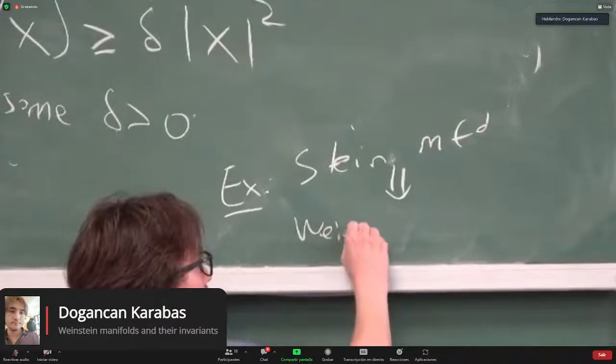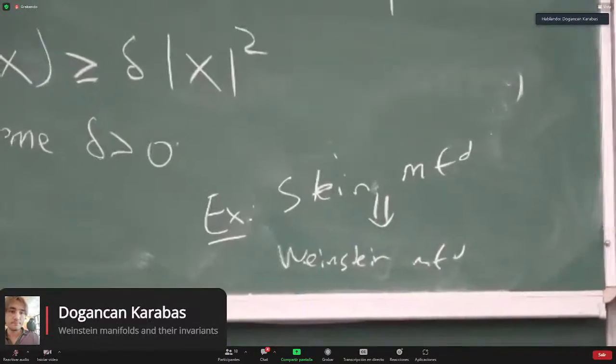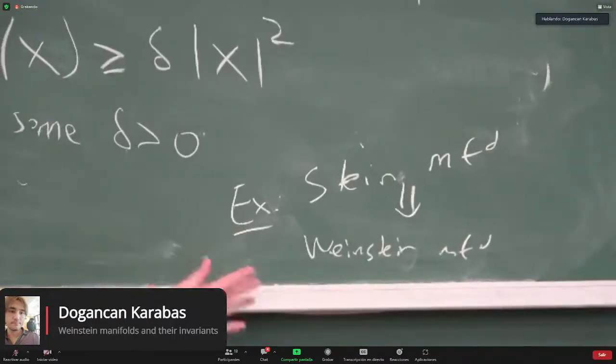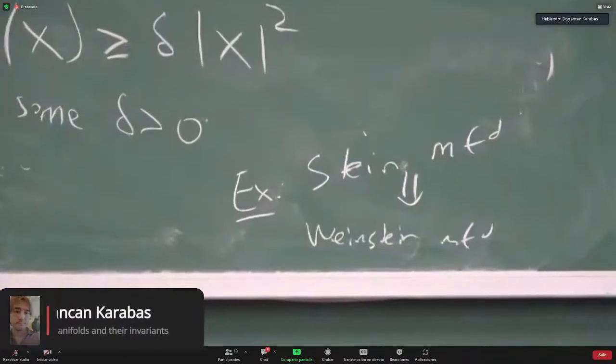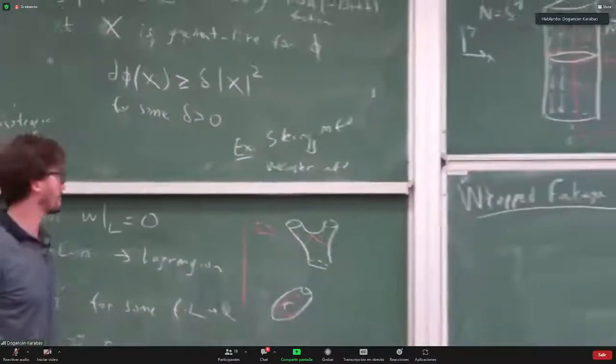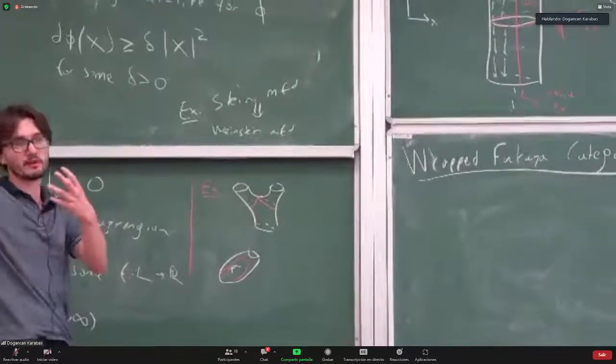What is a Stein manifold? Maybe later, if you ask me, I can explain. But for now, smooth affine varieties are also Weinstein manifolds. That's important. So smooth affine varieties can be made into Weinstein manifolds using their structure.